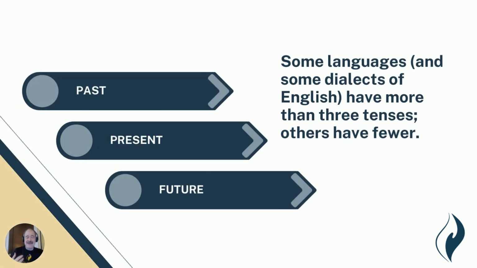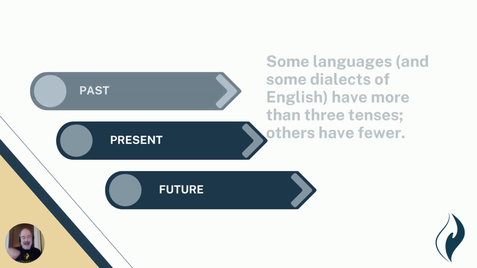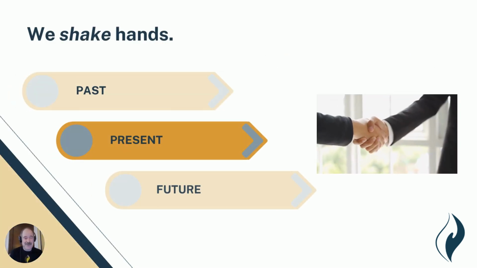Now, some languages have more than three tenses, some have fewer, and what might be a surprise for you, some dialects of English have more than three tenses as well. But we tend not to use those dialects in academic writing. So for our purposes here, we're just looking at past, present, and future.